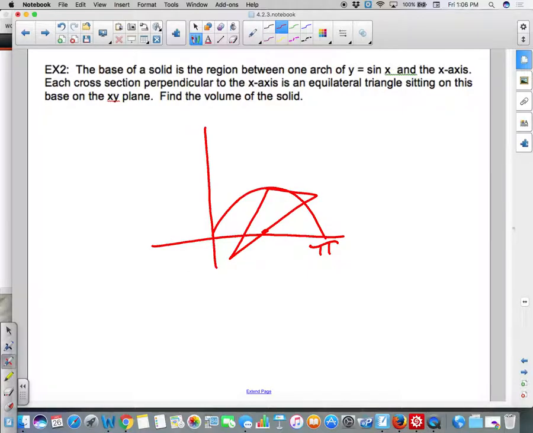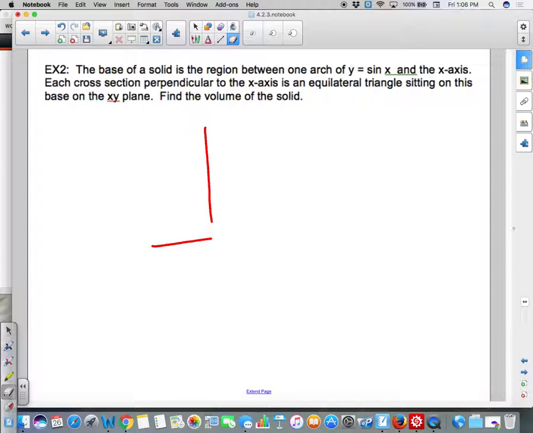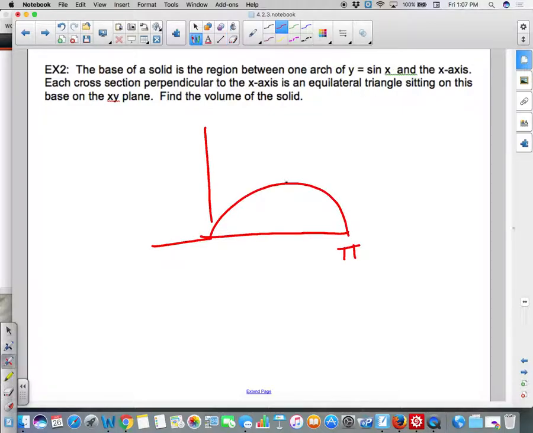Pi is the length of the base. So if this is the base of the equilateral triangle, you've got triangles popping up out of there. So we've got all these triangles.